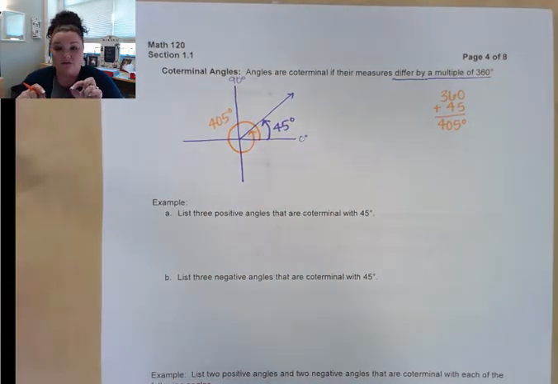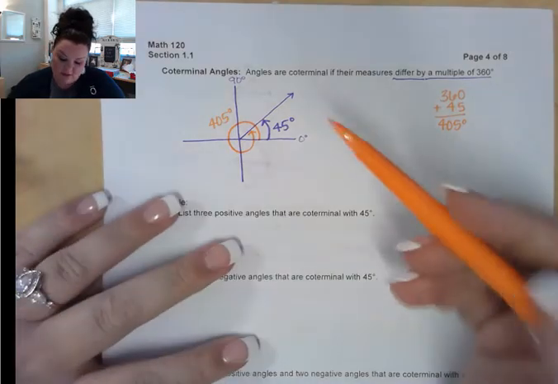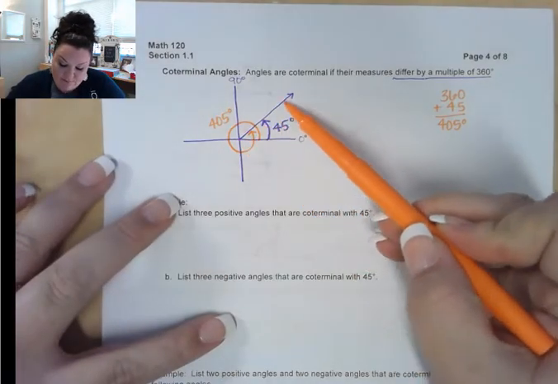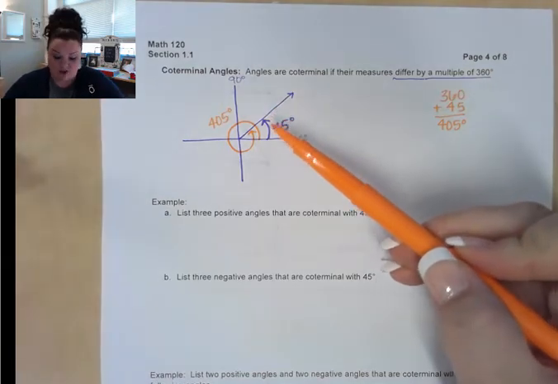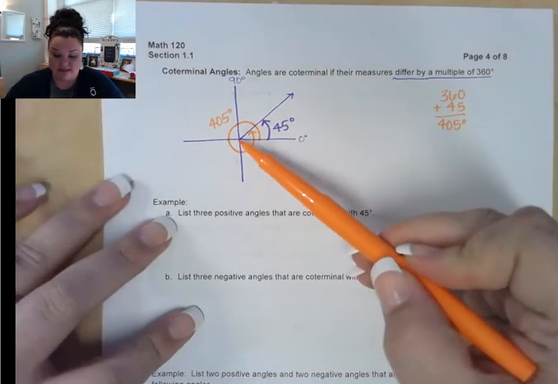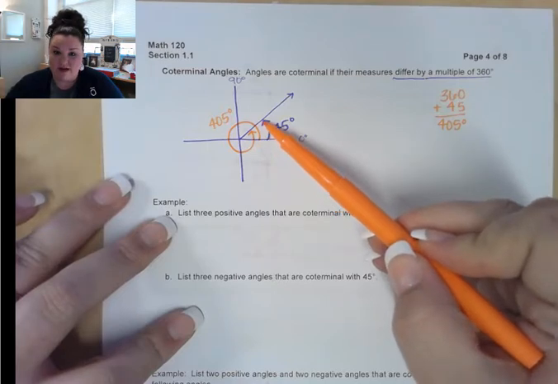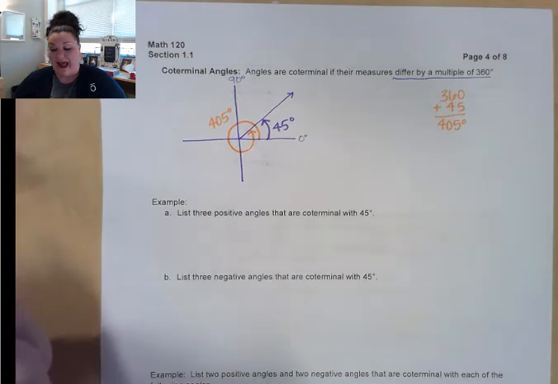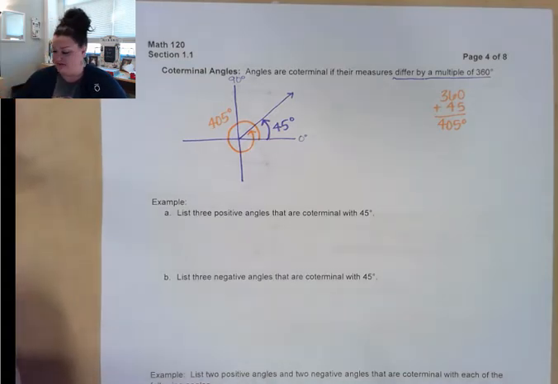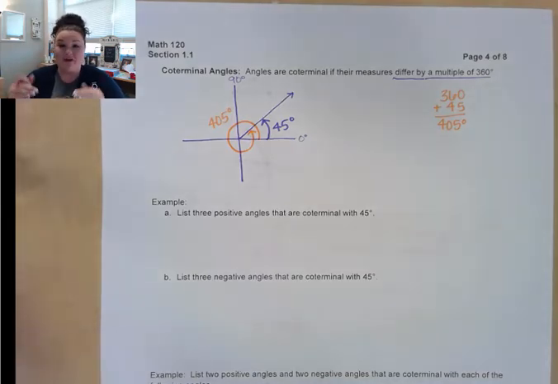These two angles are coterminal because they both share the same terminal side, or where the angle ends. They end on this same ray. Does that make sense? This one ends at the 45 ray, this one ends at the 45 ray. That's what we got by adding 360, but we could also find one by subtracting 360.